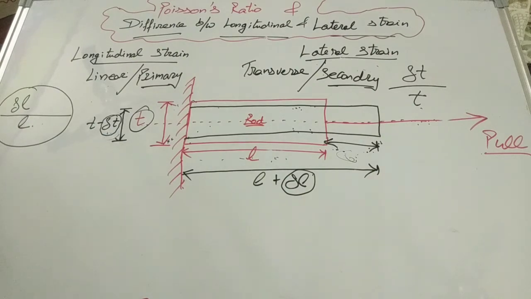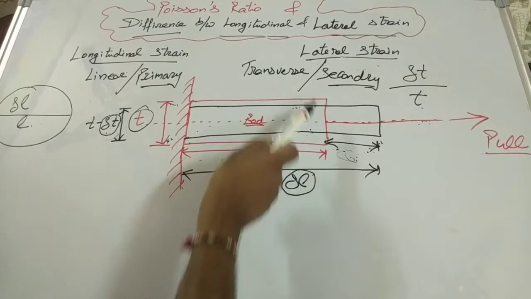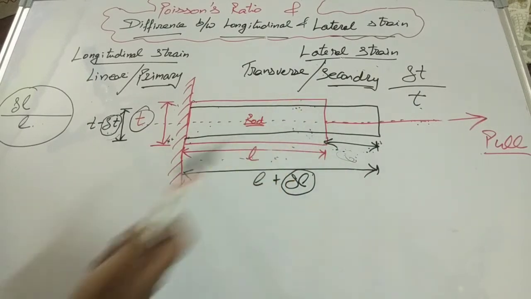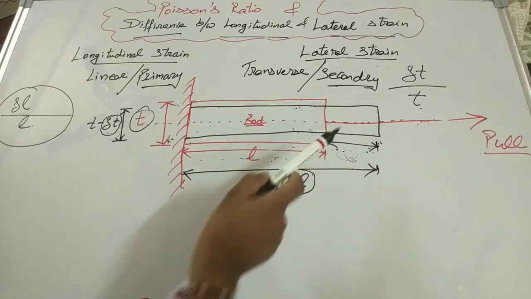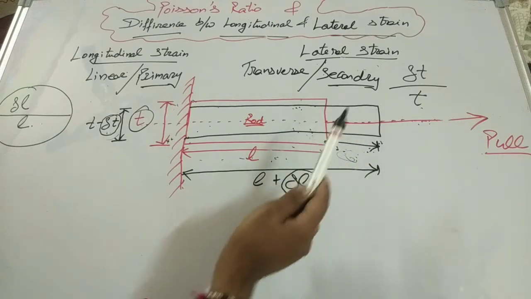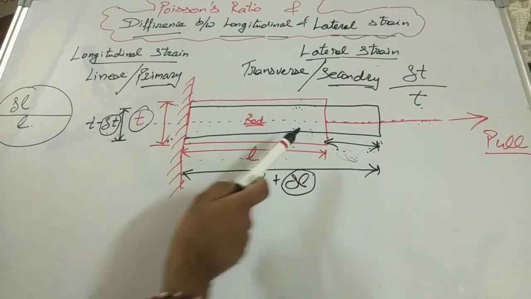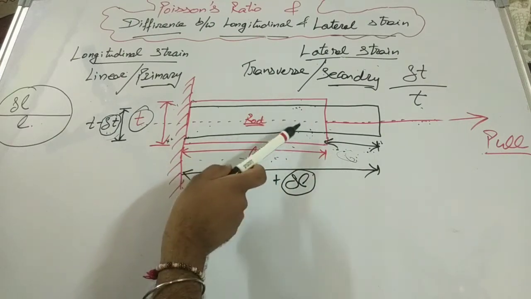Repeating again, for lateral strain: when a body is subjected to an axial tensile or compressive load, there is an axial deformation in the length, but at the same time there is a change in another dimension. The other dimension is this one, thickness, or you can say breadth. There is a change in the other dimension of the body at a right angle to the line of action of the applied load. Thus the body has axial deformation as well as deformation at a right angle to the line of action of the applied load.